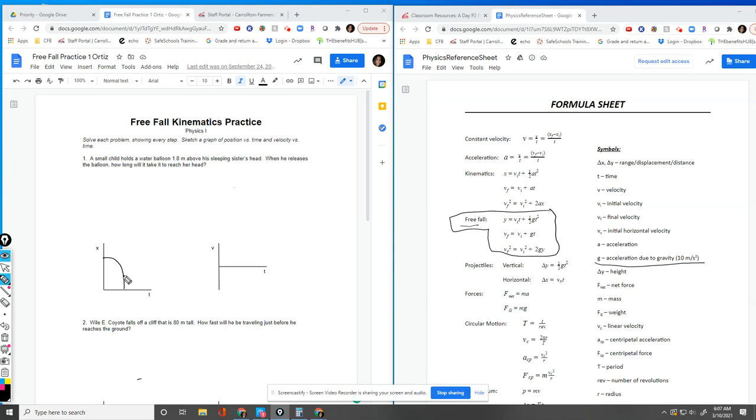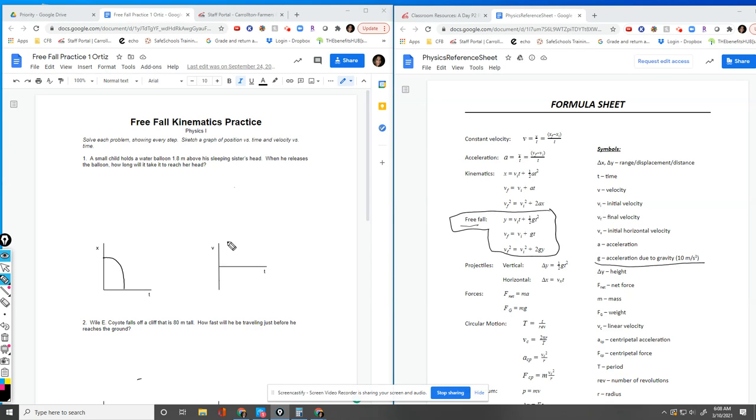You take your y2 minus y1. You find 2 points in the graph and you do y2 minus y1 and divide over x2 minus x1, right? You find the coordinates of those points and you get the difference of the y over the difference of the x, and that's how you get your slope. So if you do it right here, you get a much steeper slope than if you do it right here, which means that this slope is going to be a higher number than this number right here.